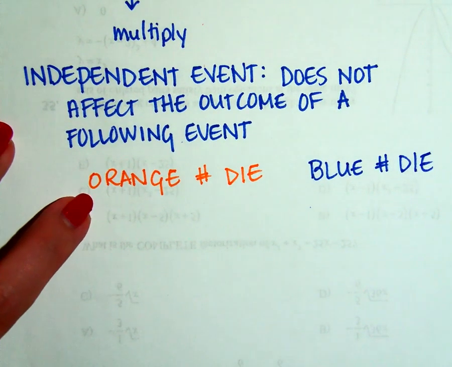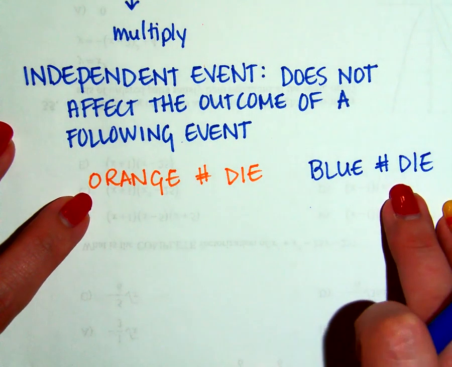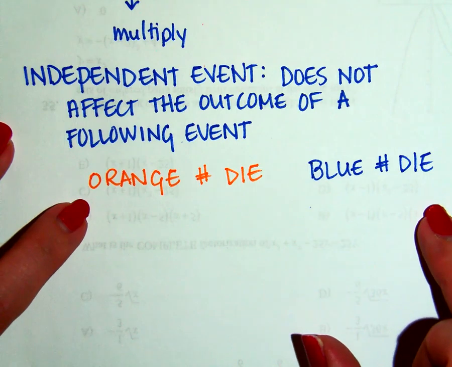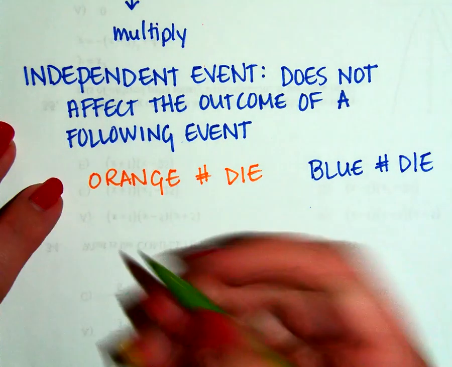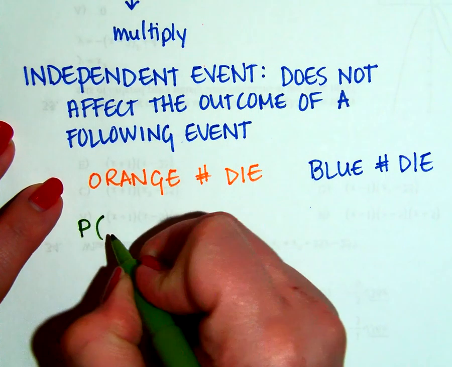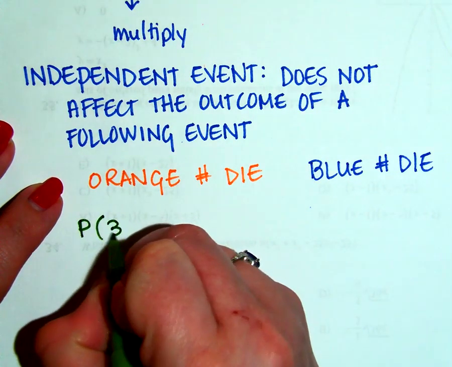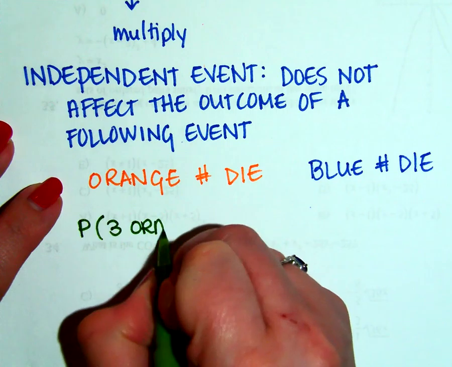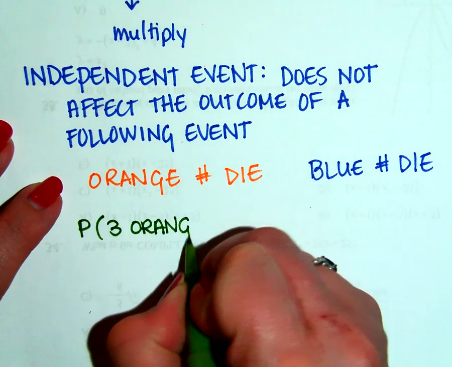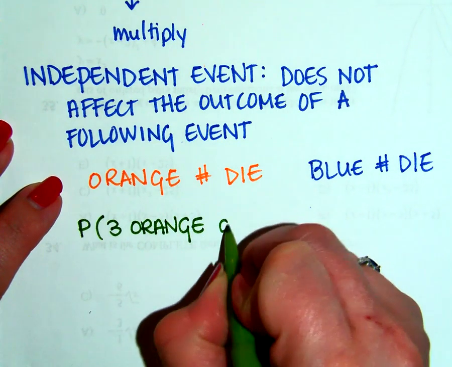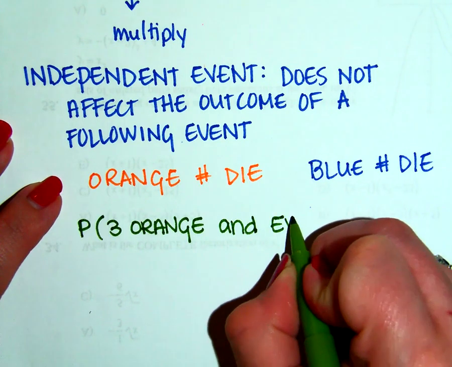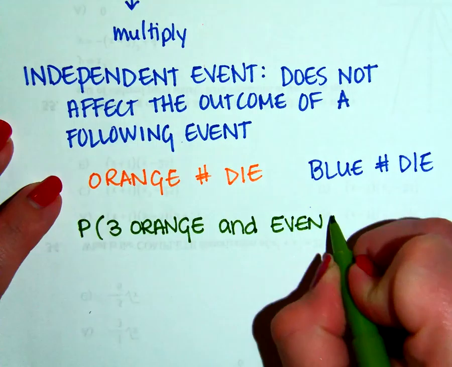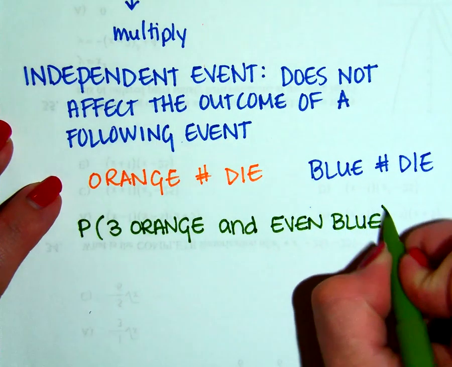Whatever I roll on the orange die is not going to affect what I roll on the blue die. These would be independent. So if I said that I want the probability of rolling a 3 on the orange die and rolling an even on the blue die, these would be independent.